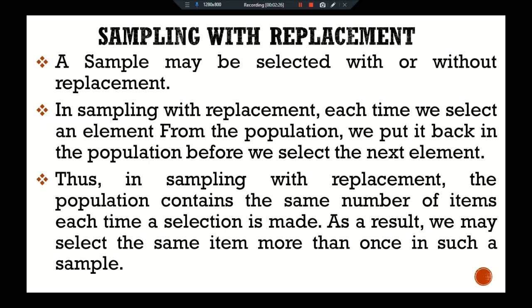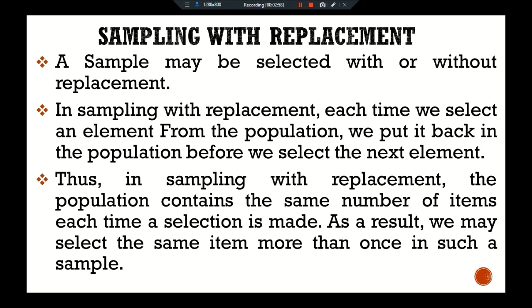For example, consider a box that contains 25 marbles of different colors. Suppose we draw a marble, record its color and put it back in the box before drawing the next. Every time we draw a marble from this box, the box contains the same total number of marbles.